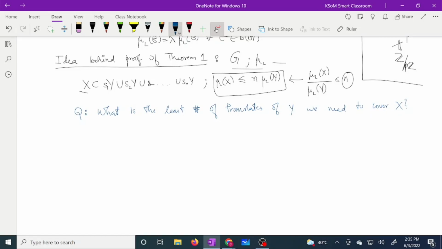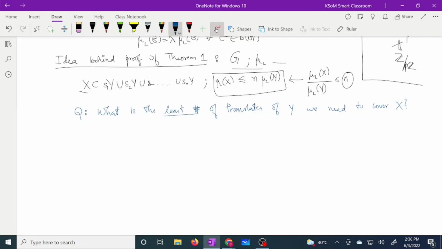Of course this number may not even exist. For example, if x is the whole space, x is equal to G, and y is just a single point, then you will have to translate it to every other point in G. So unless G is finite, this number will not exist in that case. So in general, it is not right for us to expect this least number to exist.